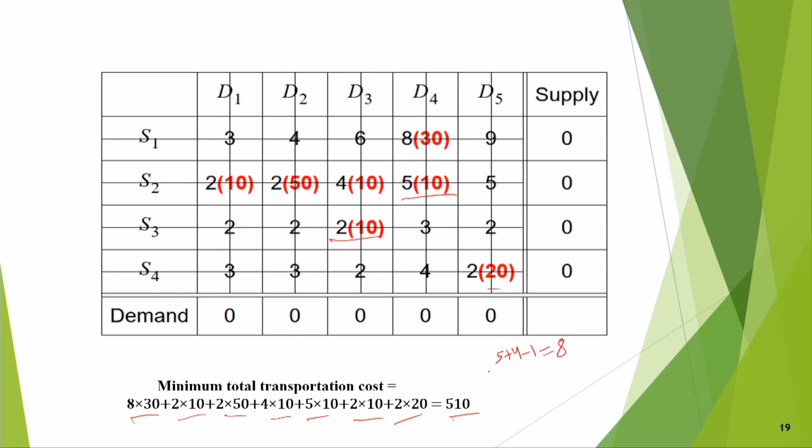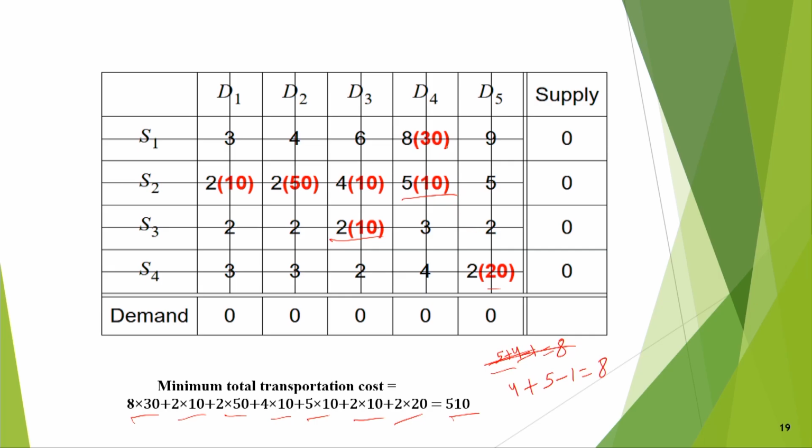So, we ended up with this problem, but there is no problem. If somebody, some student, has given you a solution like that, you can say, okay, I have 4 suppliers and 5 destinations, 4 plus 5 minus 1, that means I need 8 cells filled, but here only 7 are filled.